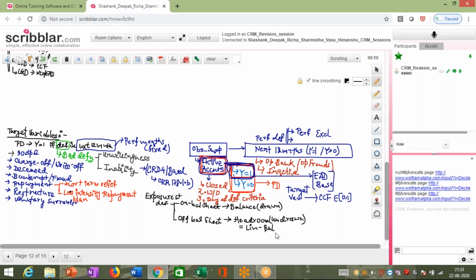Now there is always a chance that once the account starts going delinquent, just before it defaults, it draws out the money.